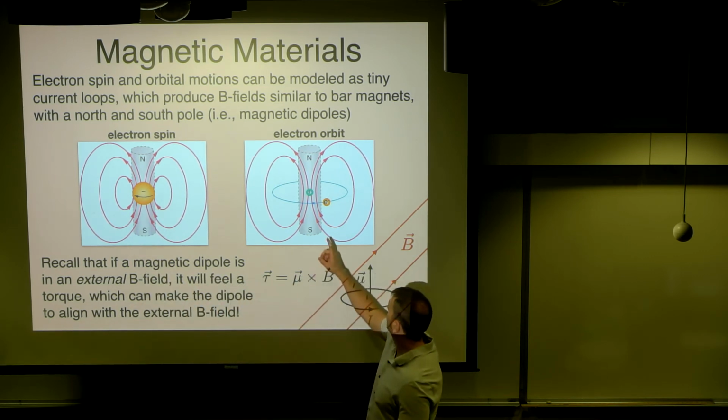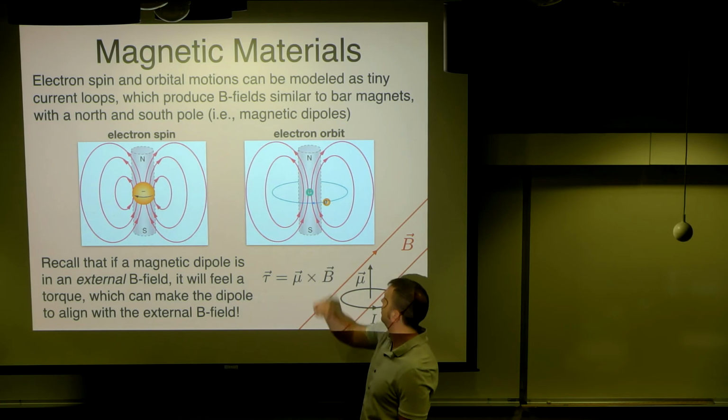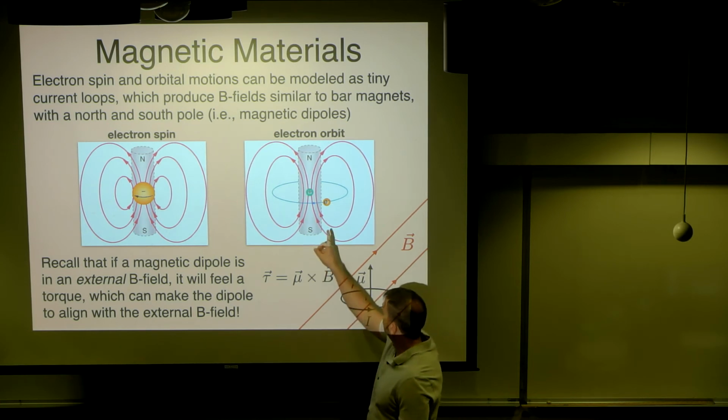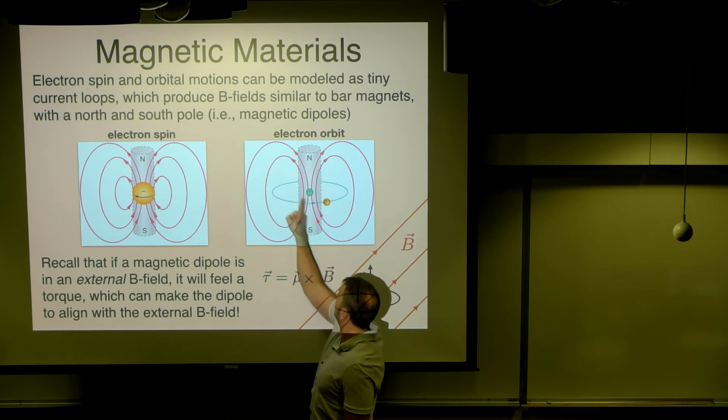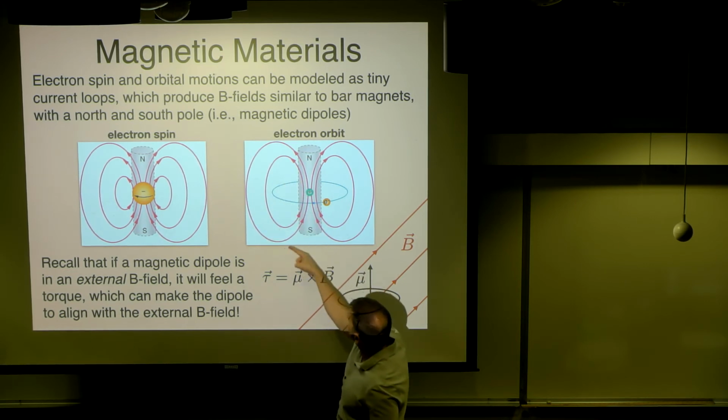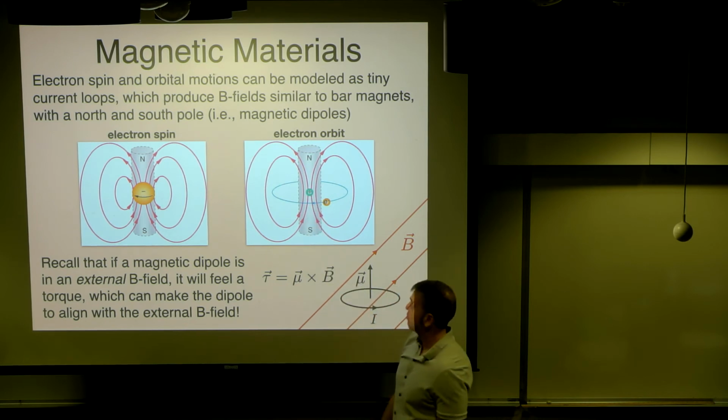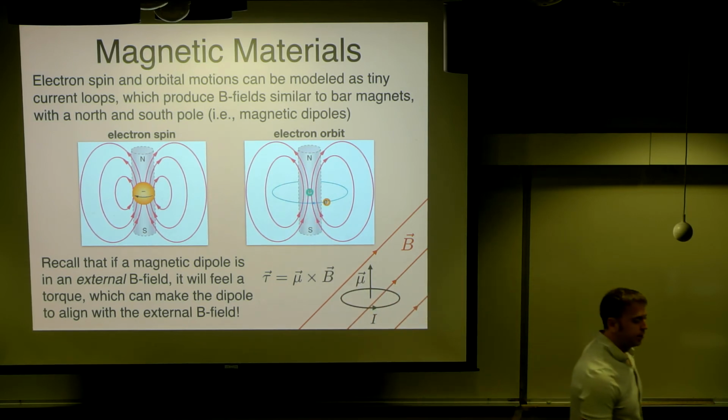And the same goes for the electron orbit. If the electron is orbiting the nucleus, you're going to see B field lines, which loop up like this through that orbit, and then come back around through the bottom, are produced. So the B field lines are that of a magnetic dipole.